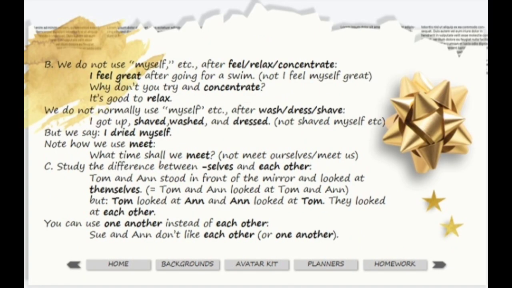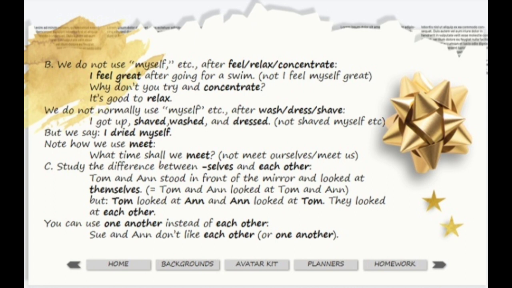B. We do not use myself and etc. after feel, relax, and concentrate. For example, I feel great after going for a swim. It means not I feel myself great. The other example, why don't you try and concentrate? It is good to relax.